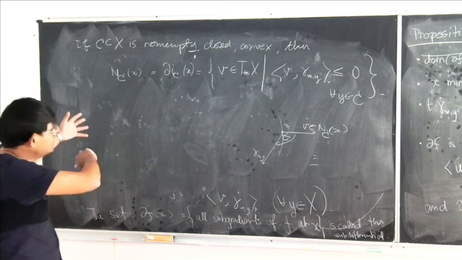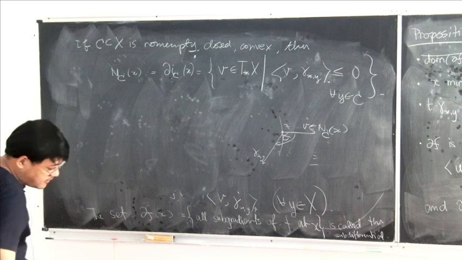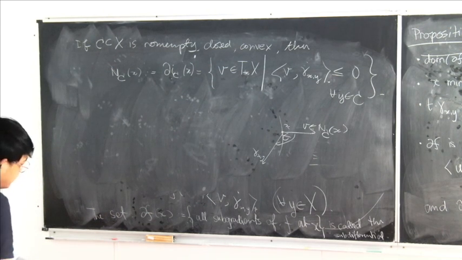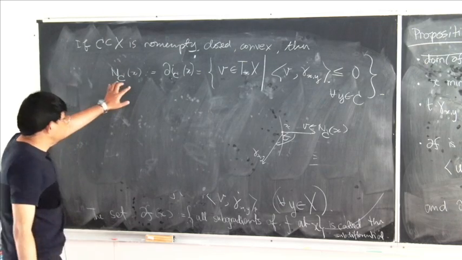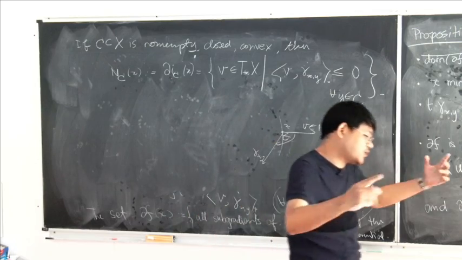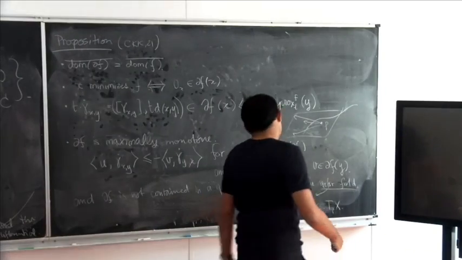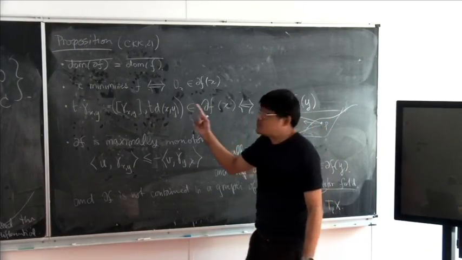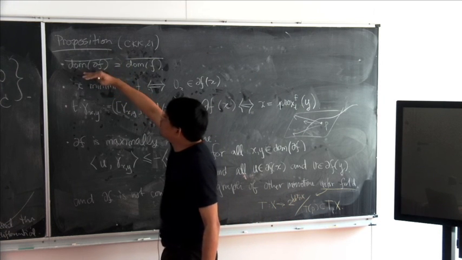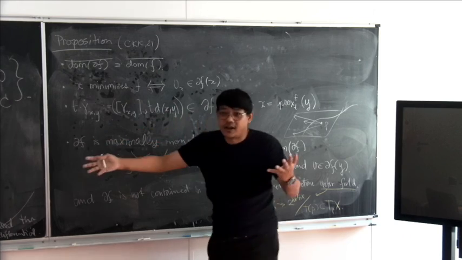Okay, let me close with some awkward properties about the normal cones. When it comes to normal cones, this is very awkward because we require a lot of knowledge. When you consider a general subdifferential, you just want to know when the subdifferential is non-empty.